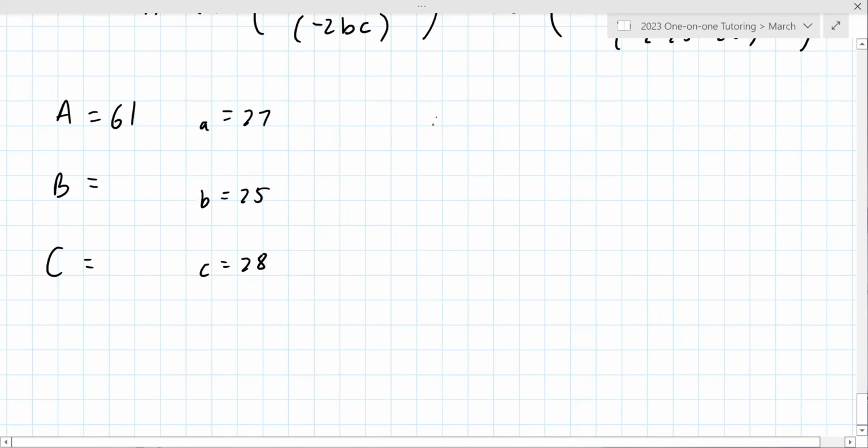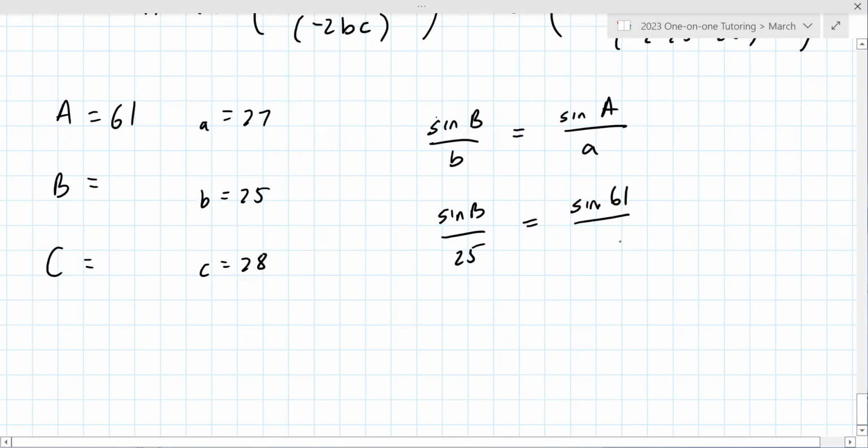So we'll find sine B over b equals sine A over a. So sine B over 25 equals sine 61 over 27. So sine B equals 25 over 27 times sine 61.